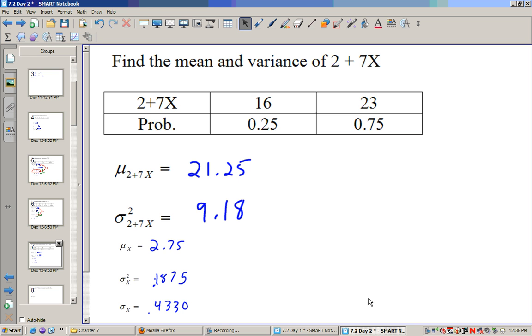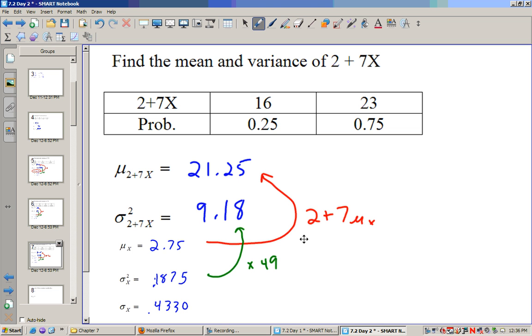Alright. Now, if I do a linear combination like 2 plus 7x, to go from x to my new x, I'm doing 2 plus 7 times my old mean of x. But with my variance, I'm just multiplying my variance times 49. So it has nothing to do with that 2 in front, just this number squared.